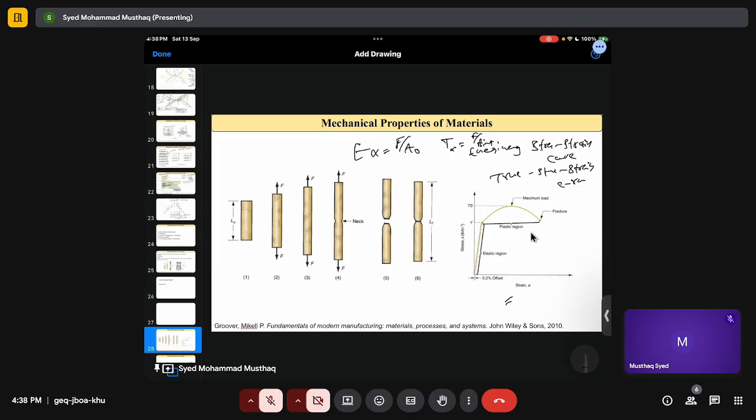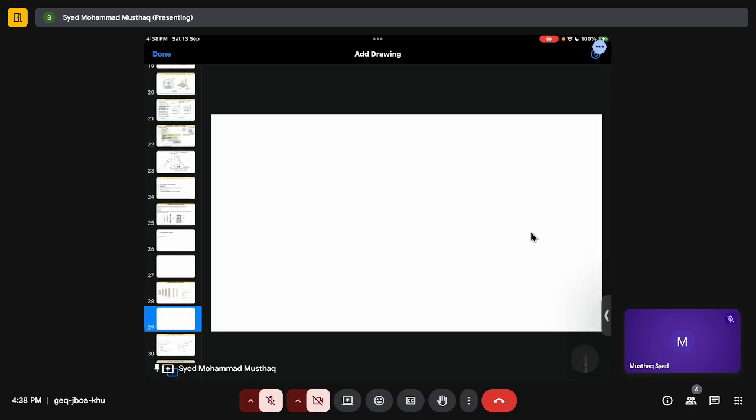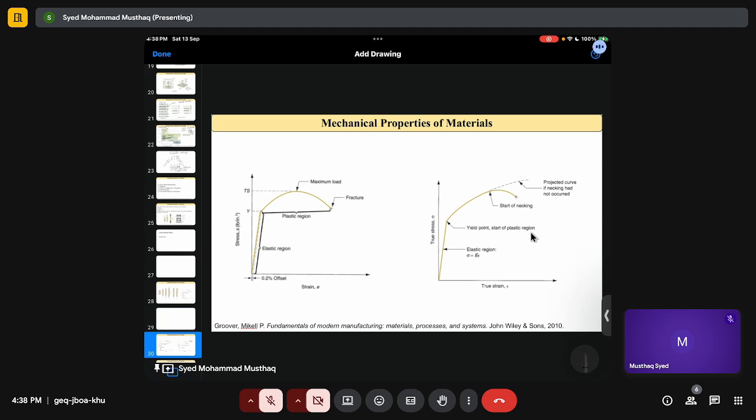Okay. So let me draw something. Yeah, this is the difference between engineering stress strain and true stress strain curve.